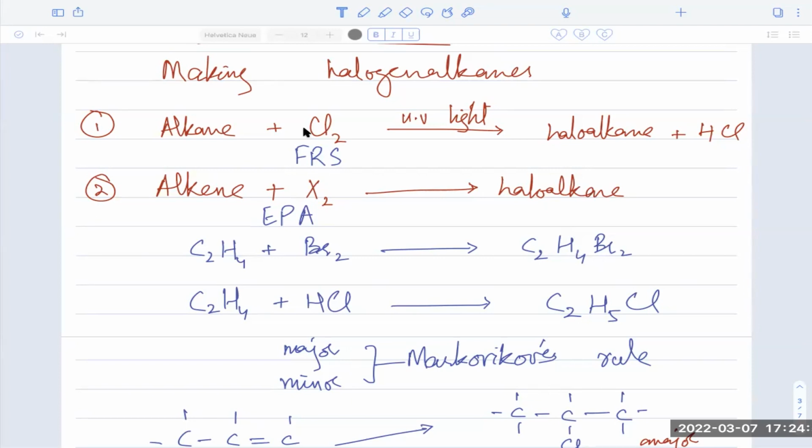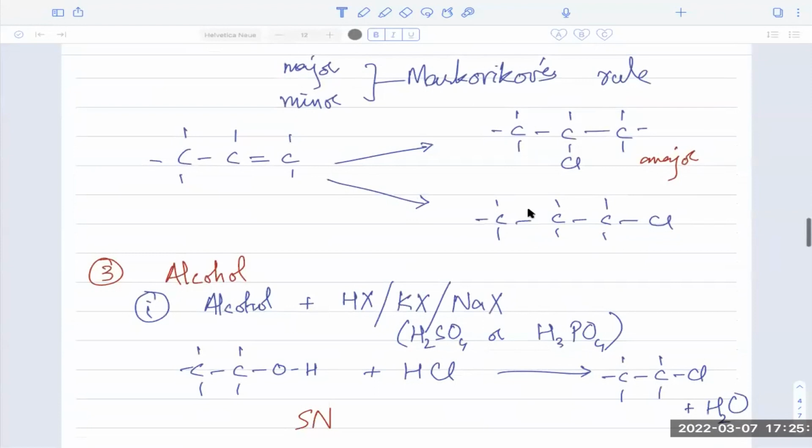But if you start with water, then because OH minus is a stronger nucleophile than Br, you might get a halogen alcohol. That OH comes in at one carbon instead of the bromine.